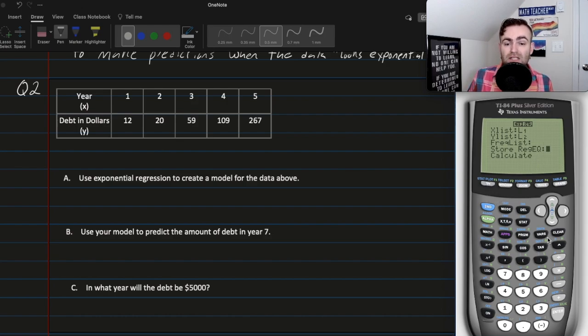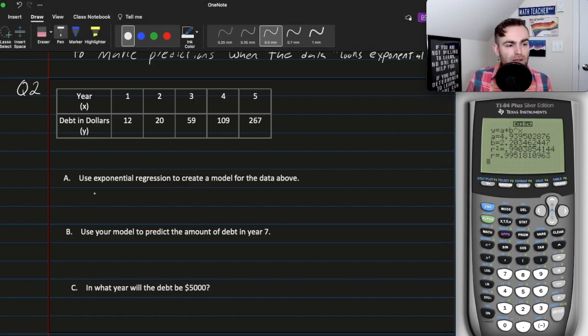To do that, we need to go to variables, VARS, and go to our y variables, function, and y1. When it calculates what this regression equation is, it's going to store it in the y1 of our y equals screen so we can do more with it later. And we don't have to worry about whether we rounded appropriately. So once we have all this, we're going to go down and hit calculate, and we're going to get all of this stuff.